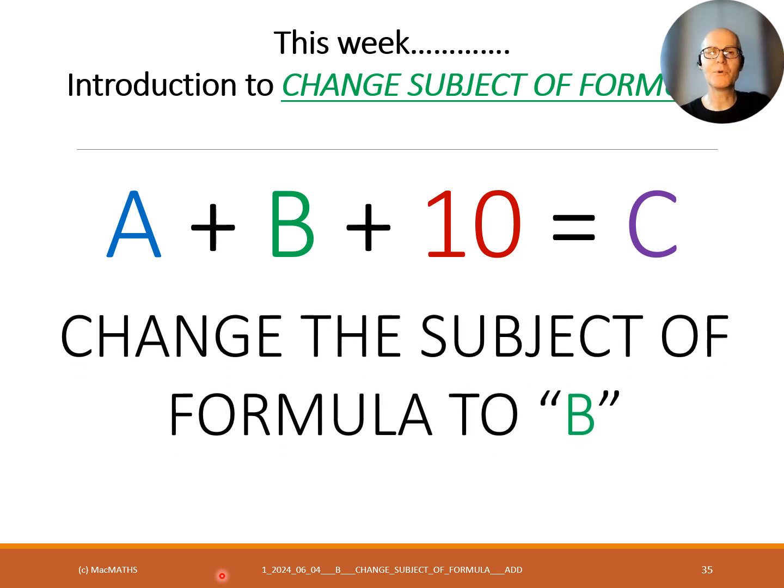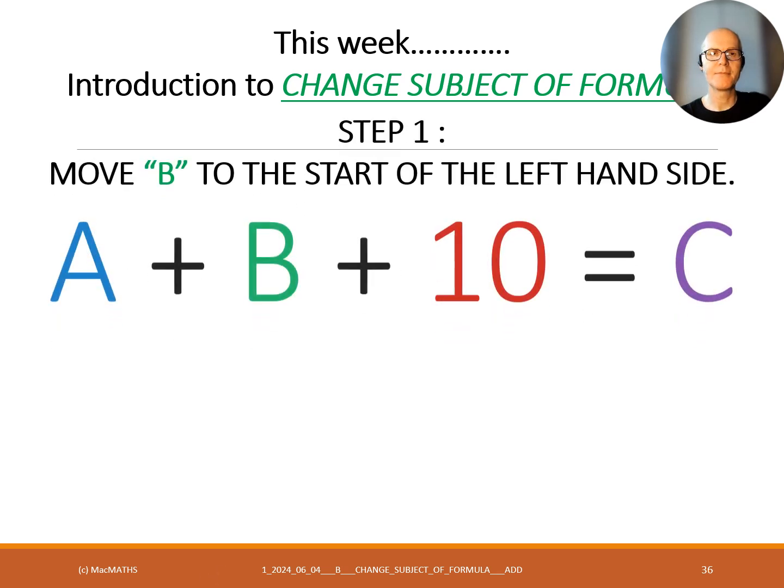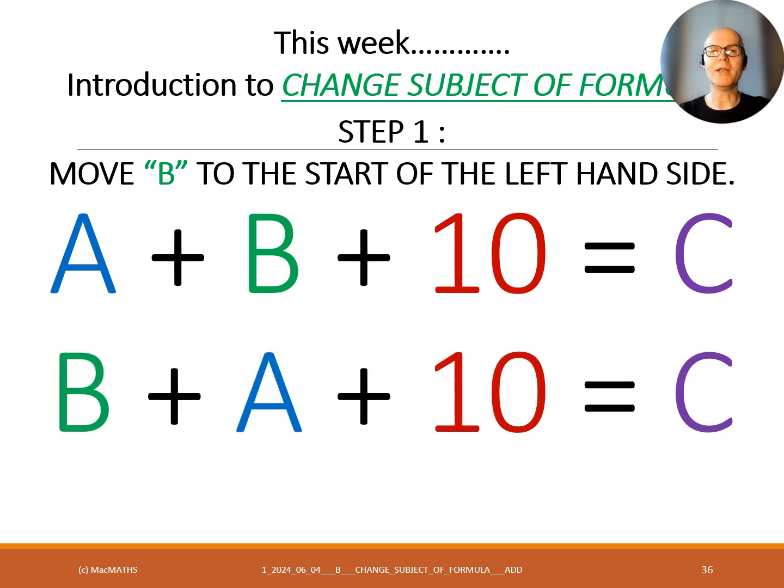The objective here is we're going to change the subject of the formula to B. Step 1, we're going to rearrange the formula on the left hand side to put B at the very start. It just makes it tidier because we want to isolate B on its own.